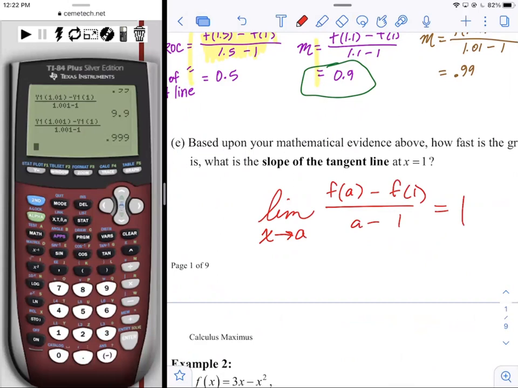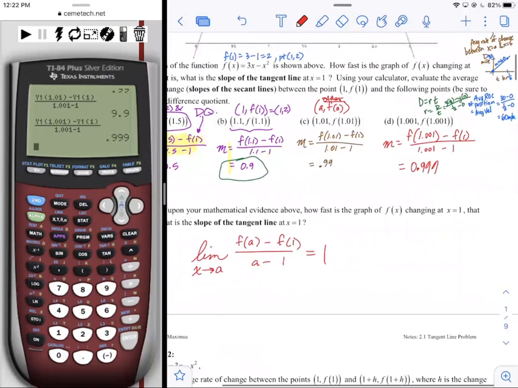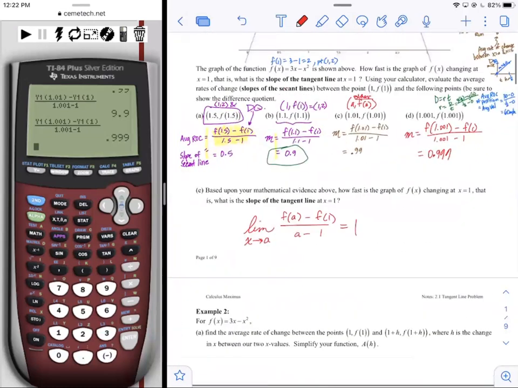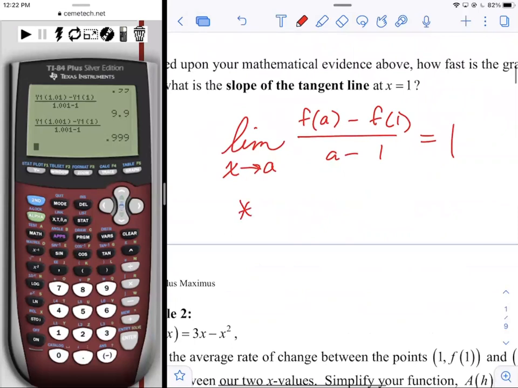That's the limit idea right there. As that second point that we're forced to use gets closer and closer and closer to the one that we want, I can see the writing on the wall, 0.9, 0.99, 0.999. So I'm going to go out on a limb and say, here's what I'm going to say.